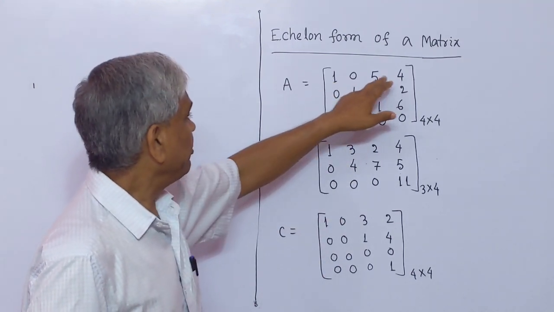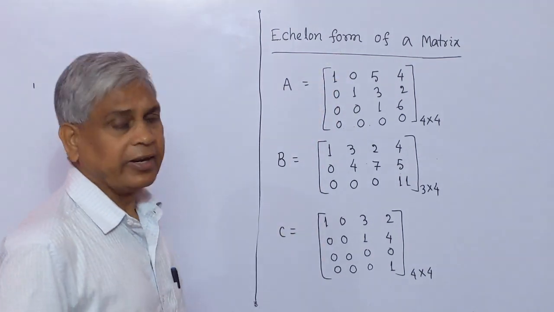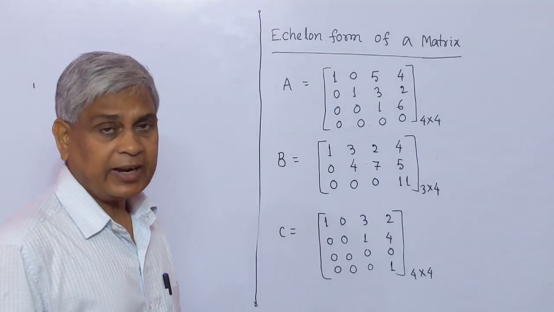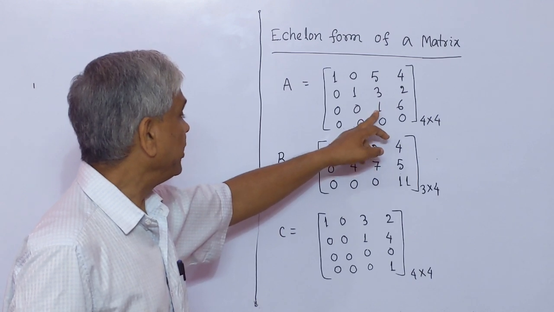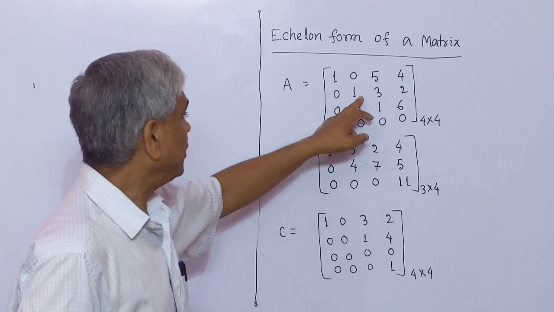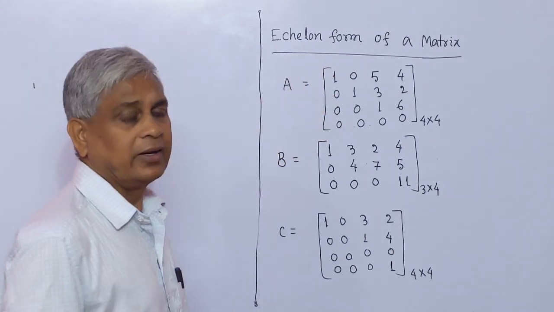In row number 1, the first entry is a non-zero element. Here we see that the first non-zero entry after the zeros is 1. Here also 1. Here no 0, but here 1.